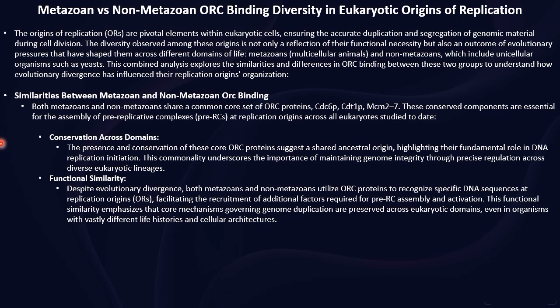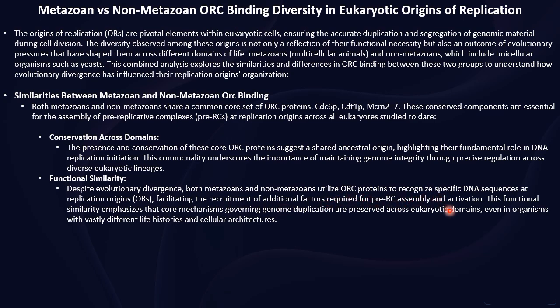Now, the second point is functional similarity. Despite evolutionary divergence, both metazoans and non-metazoans utilize ORC proteins to recognize specific DNA sequences, that is ORI, at replication origins, facilitating the recruitment of additional factors required for pre-RC assembly and activation.